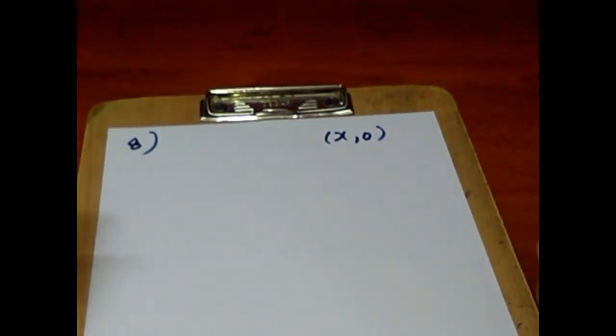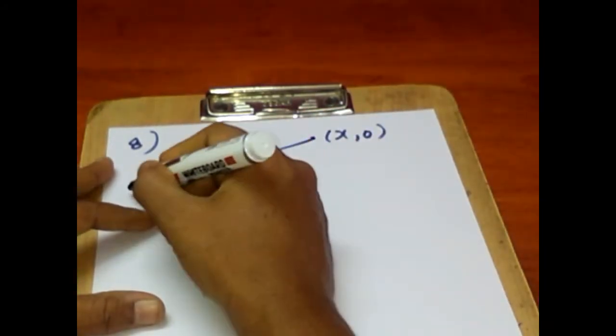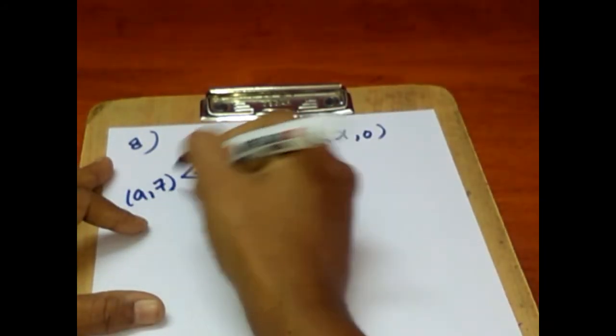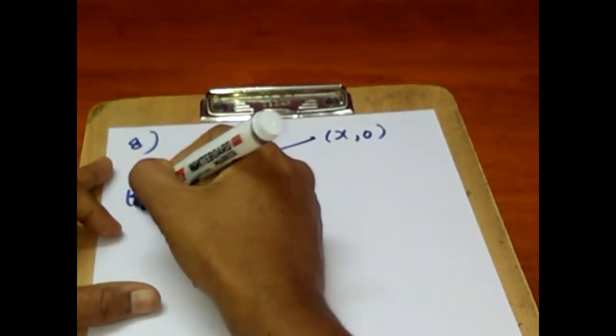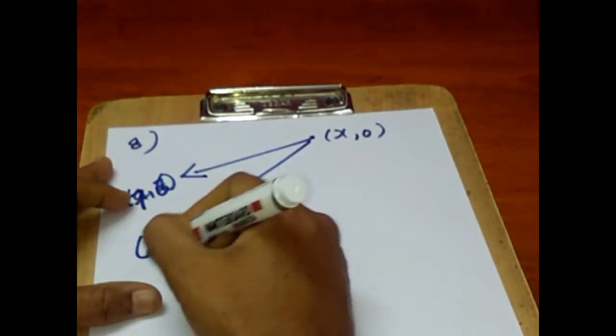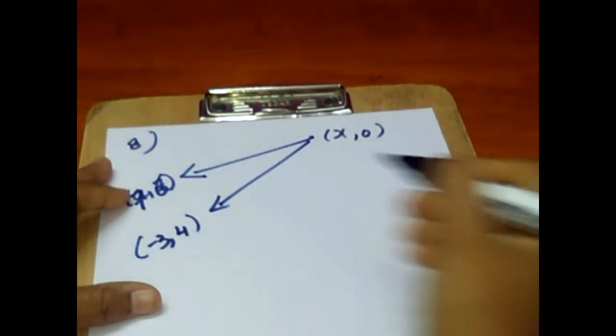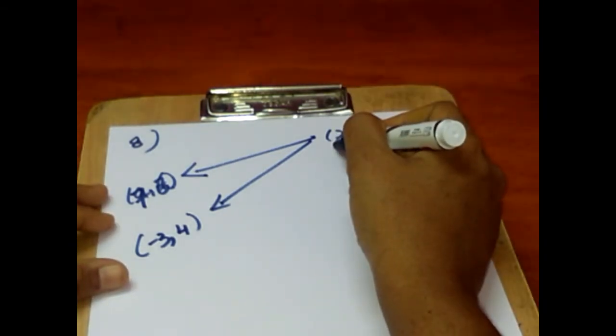What point on x-axis is equidistant from the point 7, 6 and from the point minus 3, 4. The problem is same. So a point is on x-axis.